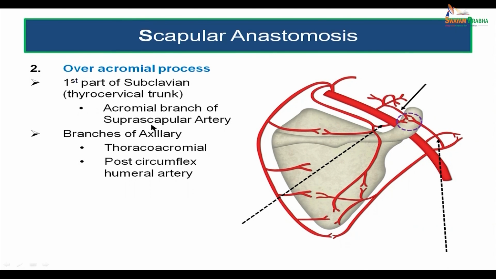Now, we already know that the suprascapular artery is a branch of the thyrocervical trunk, and we also know that the posterior circumflex humeral artery is a branch of the third part of the axillary artery. So, between these three branches there is an anastomosis over the acromion process. This is called the anastomosis over the acromial process.